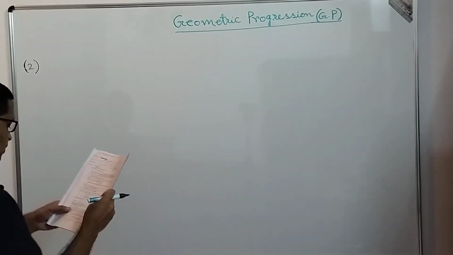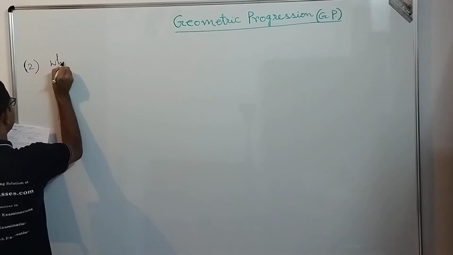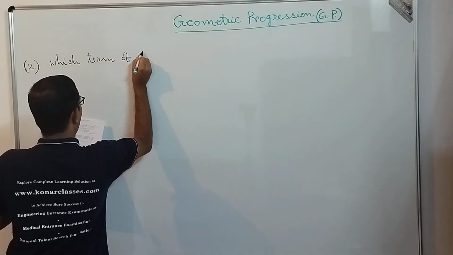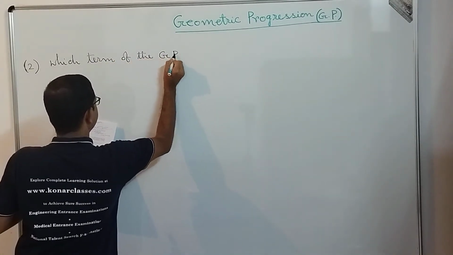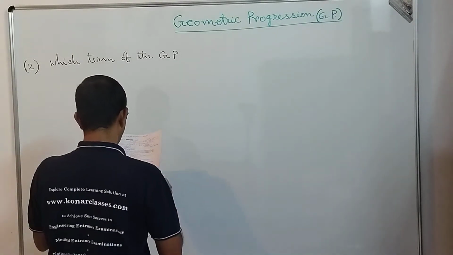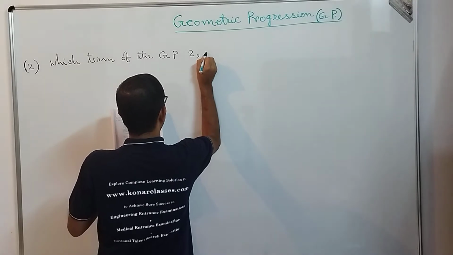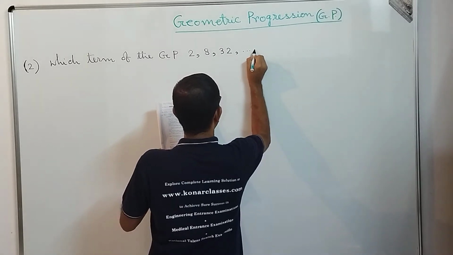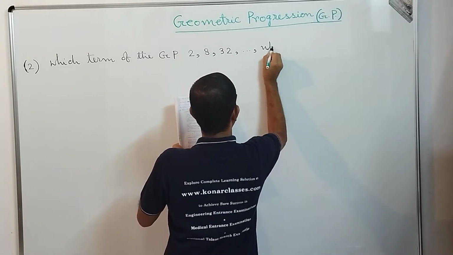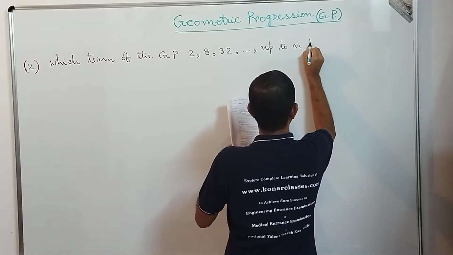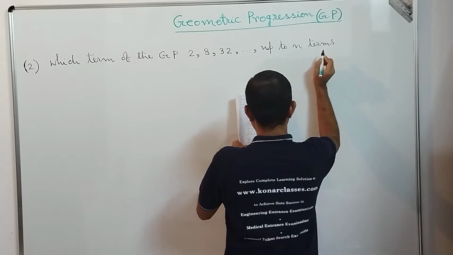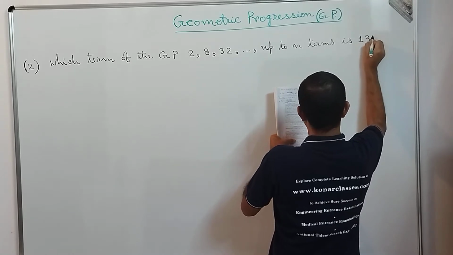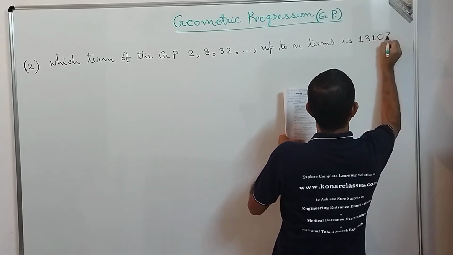The question is: which term of the GP 2, 8, 32, written up to n terms, is 131,072?